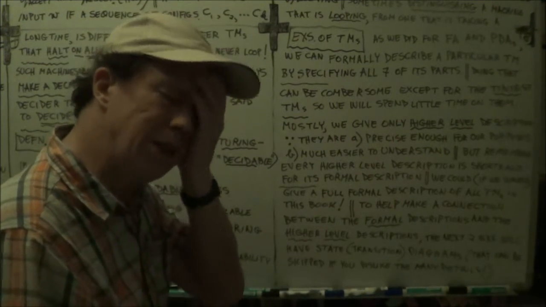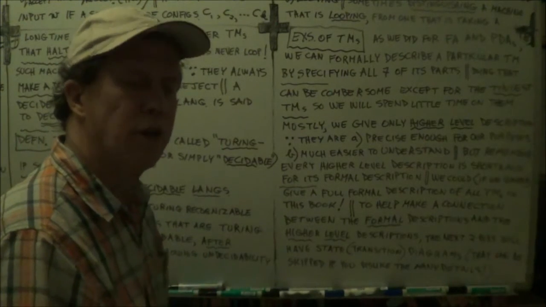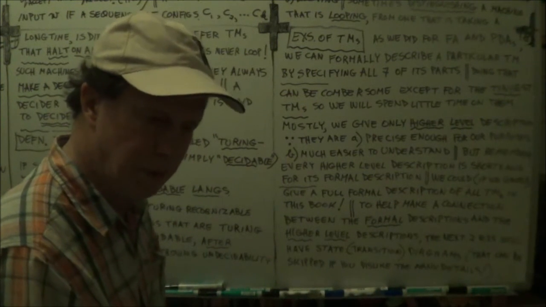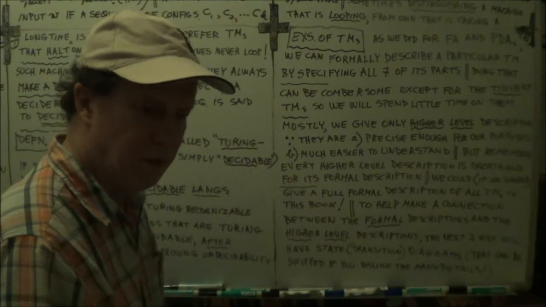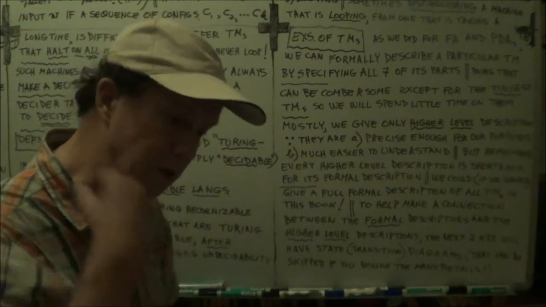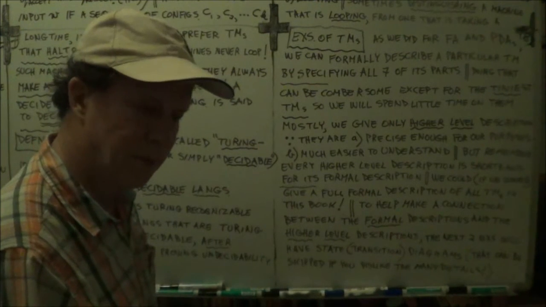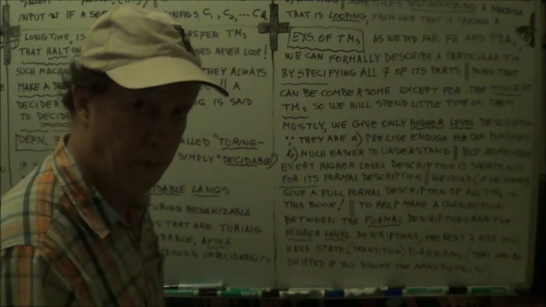So it's a compromise. It gives you a pretty good overview of how it works, and enough detail that you can understand how it works. And if you really wanted to know the finest level of detail, you could. So in practice, you are not given the full transition table.